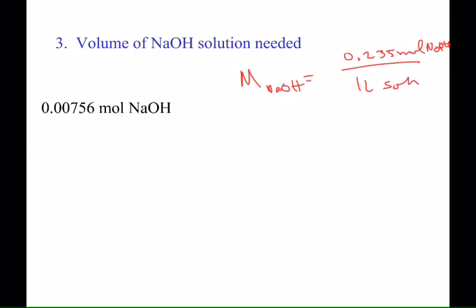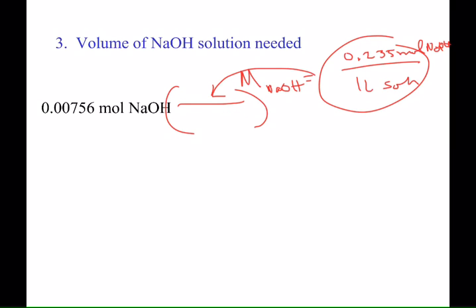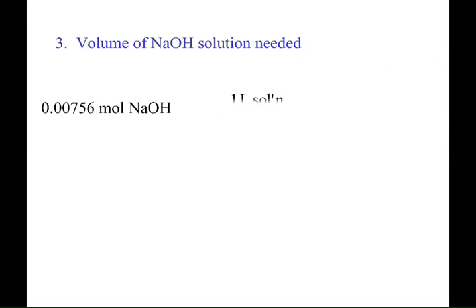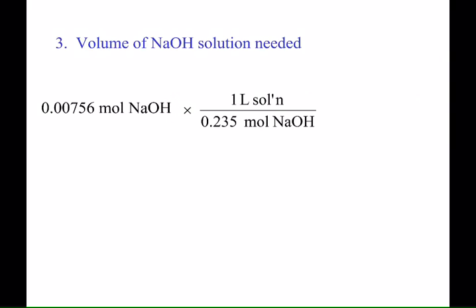Okay, so tell me how you can use this, put it right here as our next term, to let moles of NaOH cancel and be left with liters of solution. Hopefully you said this. It's what I call the flipped version of the molarity of NaOH. Hope that works for you. And I can double check, but I think I'm going to take this all the way.